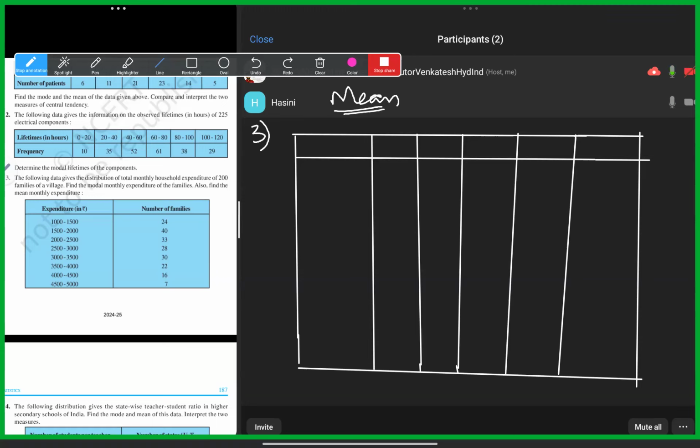Now I'm writing the column headings: class intervals, frequency, xi column, fi which is frequency times xi, then di is equal to xi minus a.